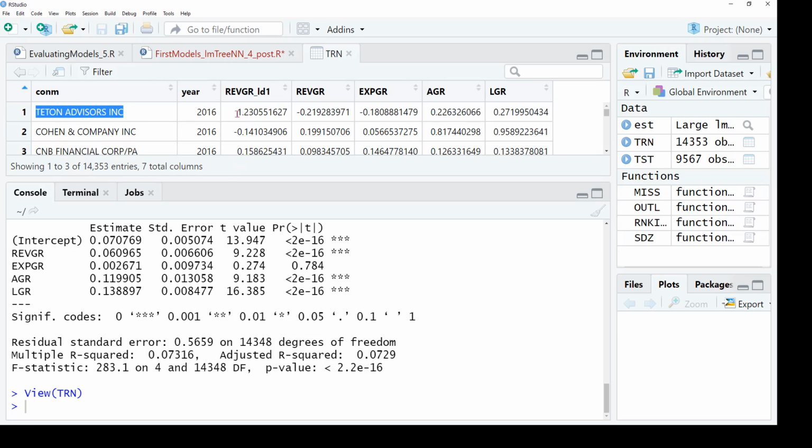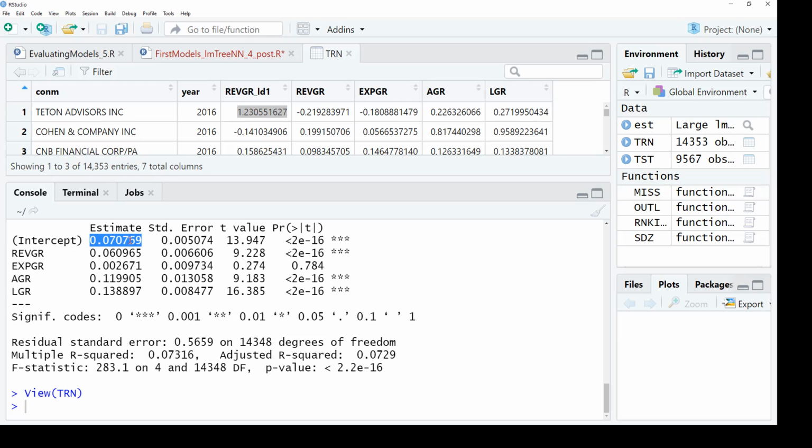So how would we do that? This is the actual y value, but we want to come up with what we would predict based on this model. So this is just the equation for a line, just like you would do in an algebra or geometry class. So we have the intercept. That's when all the x's are 0. Where does the plane or the line cross the y-axis? So here, when all of these are 0, the intercept is 0.07. So that is our first thing.